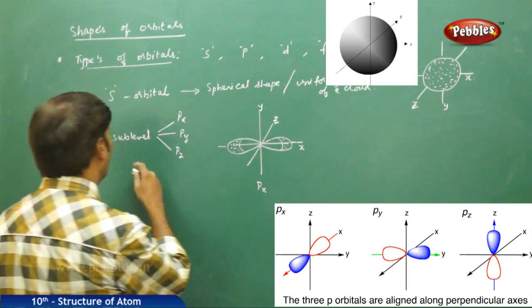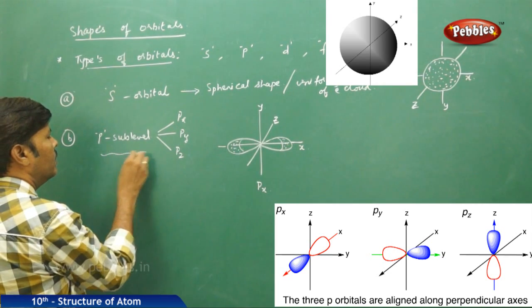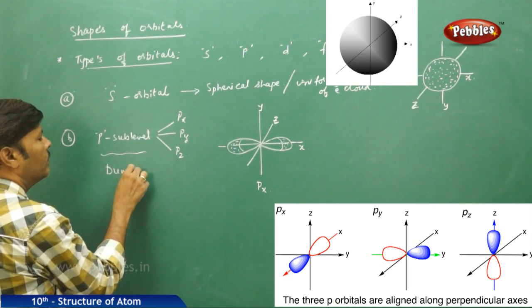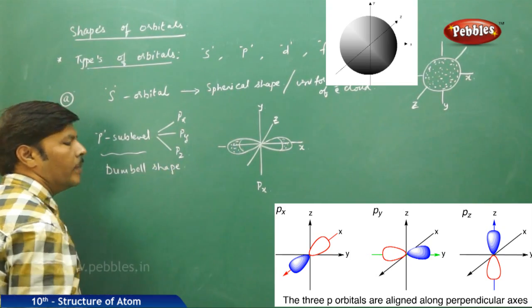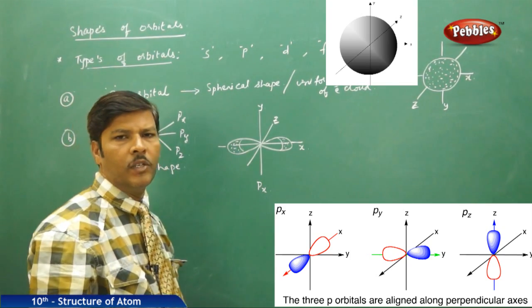Of course, the shape of the p orbital is dumbbell shape.